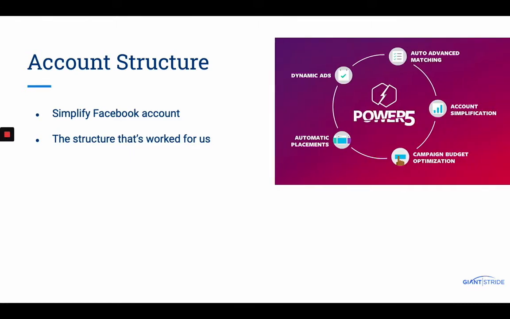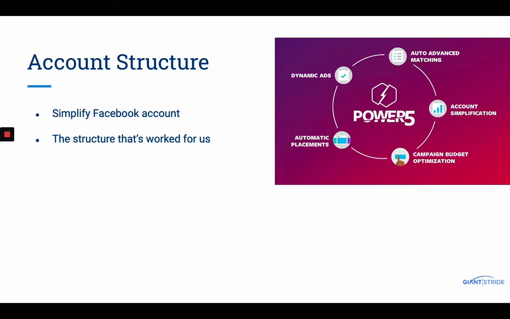And I'm going to leave a link in the description for those who are interested in diving into this document. But in essence, this paper contains a framework of 5 tactics which, when combined, can significantly improve the performance of your ads.